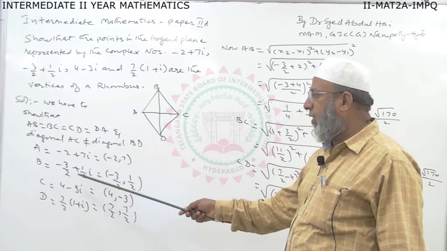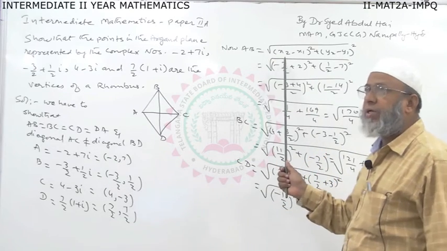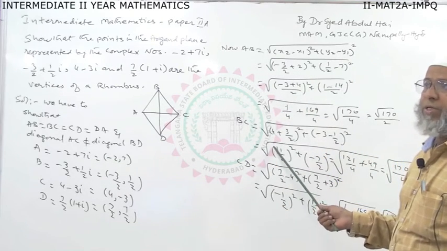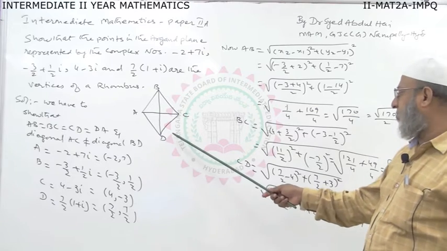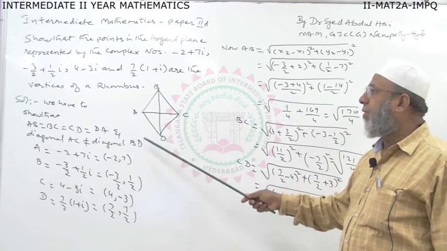So with the help of A, B, C, D, we have concluded the values of AB, BC, CD. Now I have to find the value of DA. Okay.